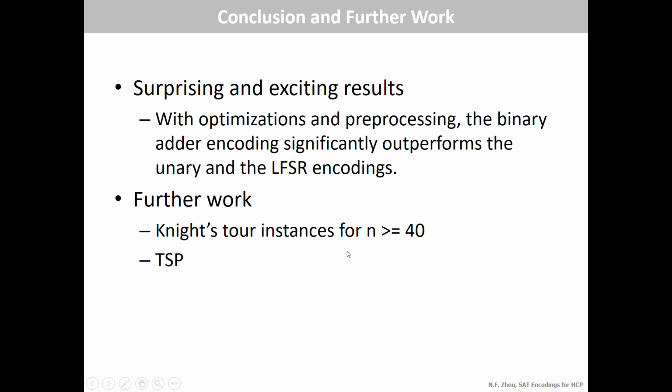CP solvers can easily solve knight's tour problems for size 50, and it remains an open problem how to solve knight's tour problems for big sizes. And also how to solve the traveling salesman problem, which is a more general variant of the Hamiltonian cycle problem.